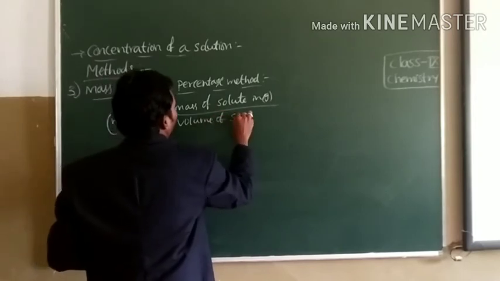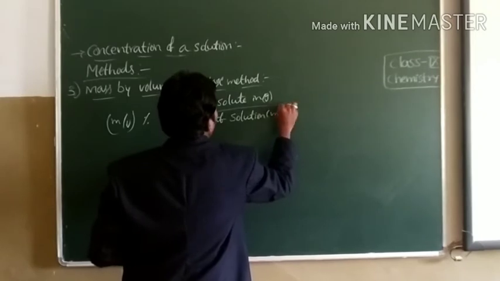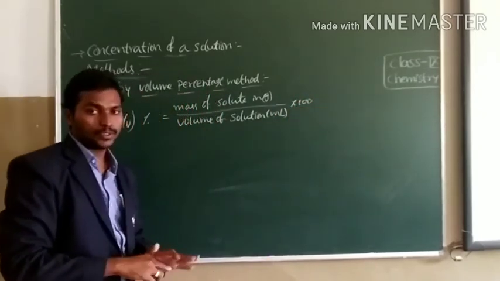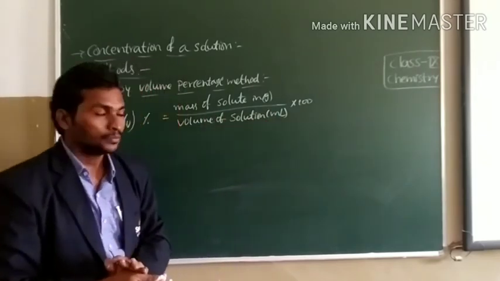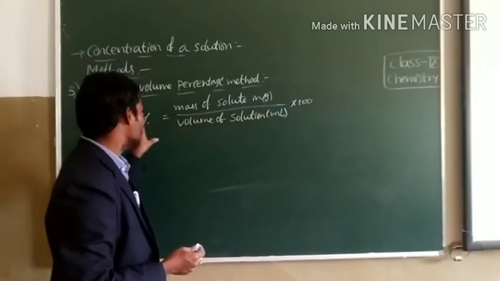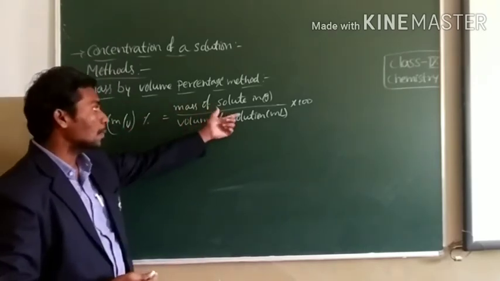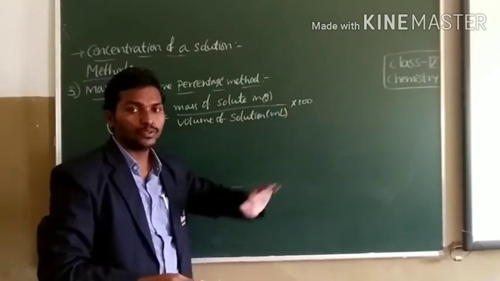Remember, here the total volume of the solution is 100 ml. So the formula is mass of the solute in grams by volume of the solution in ml into 100.